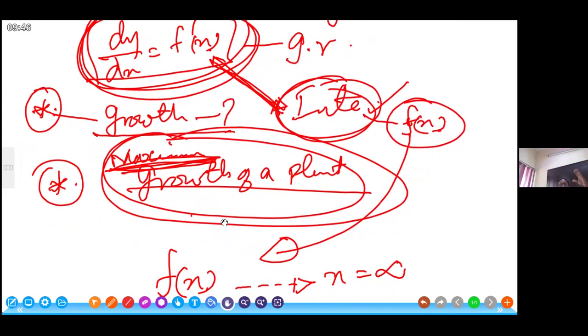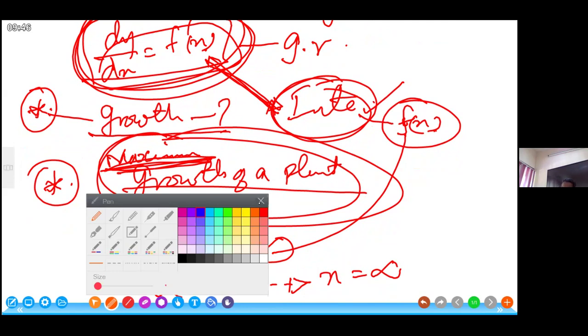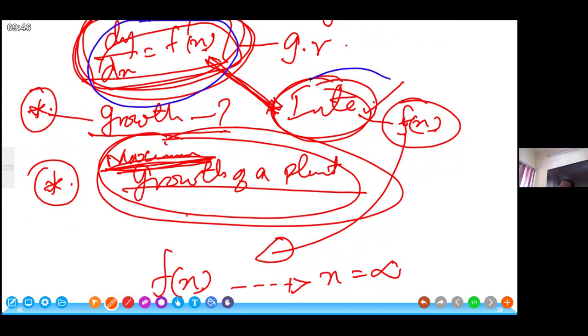Then the rest of the questions are within this. I might ask what is the growth rate at 10 days after planting, or what is the growth 15 days after planting. So you'll have to play with these two functions. I can give either this function or this function, not both.